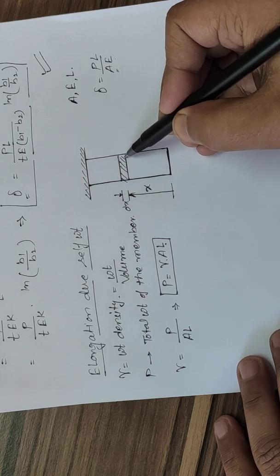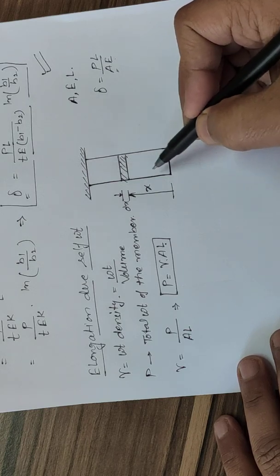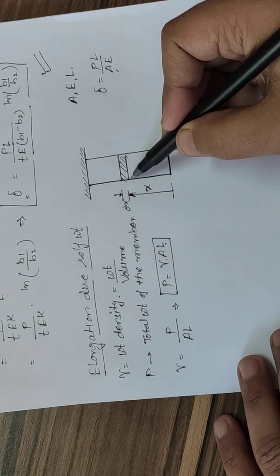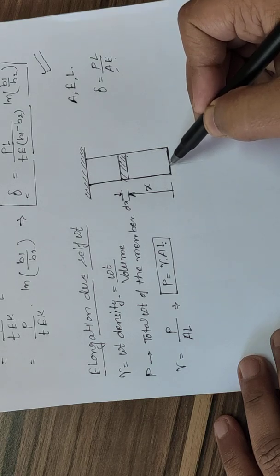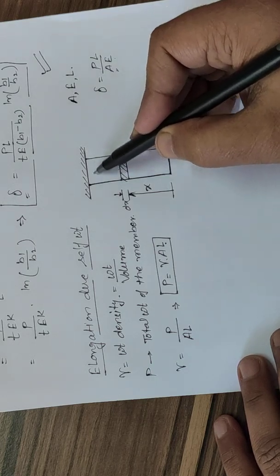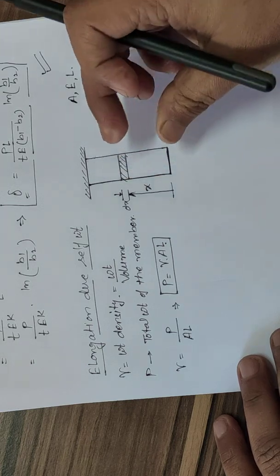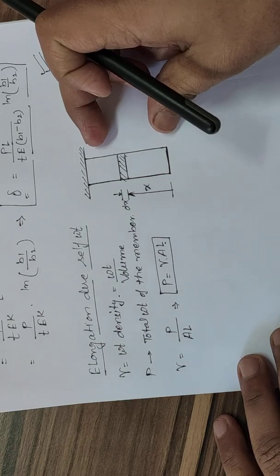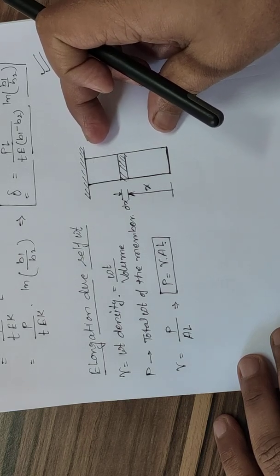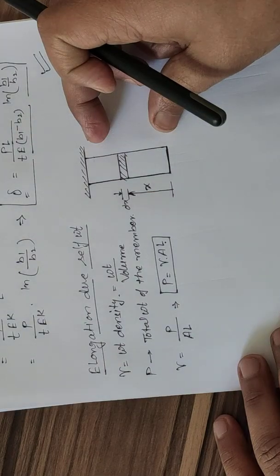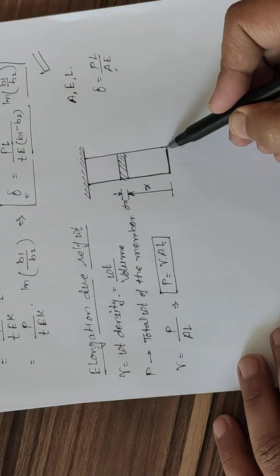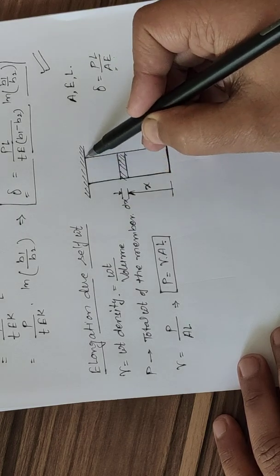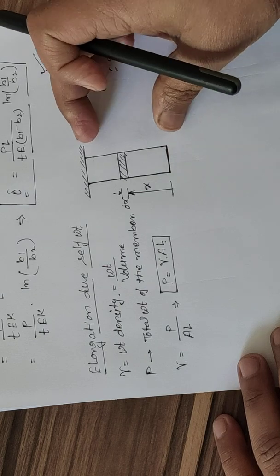Elongation in this strip dx will occur due to the weight of the member which is in the downward side of the strip. If we take the strip at the lowest point, there is nothing in the downward direction, so the elongation will be 0. At the upper strip we will have the total weight.